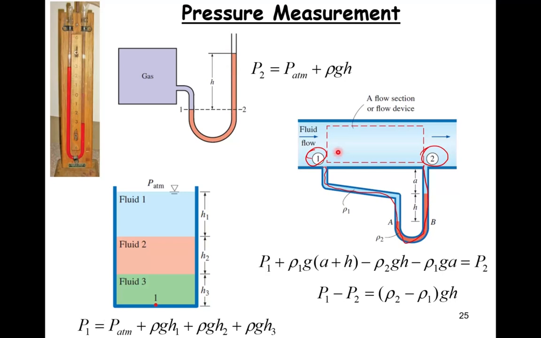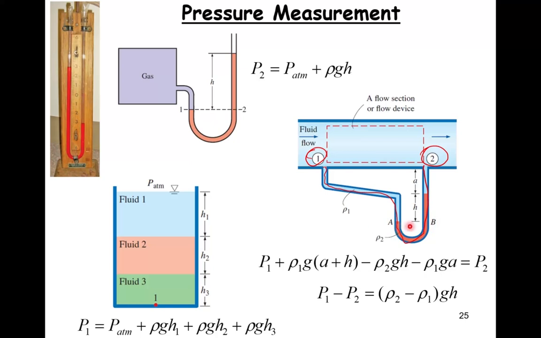Remember, in the last few slides, we mentioned that if the liquid is the same, the pressures at 1 and 2 are the same because the liquid below that is the same. Same for here, A and B are the same. Why? Because the liquid below that is the same.